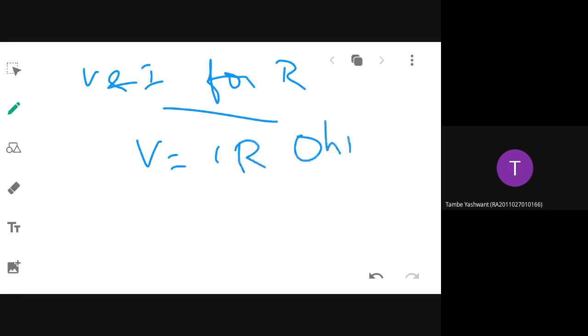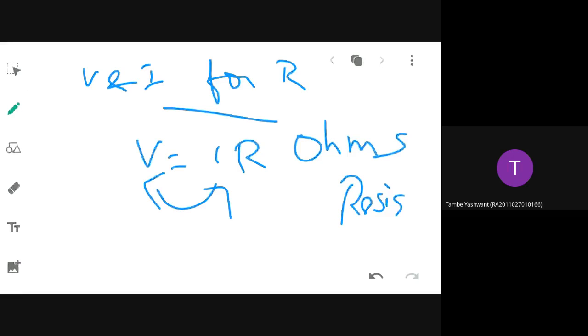V is equal to I into R, that is given by Ohm's law. This is the relationship relating voltage and current for the resistance element. Okay, that is well known to you.